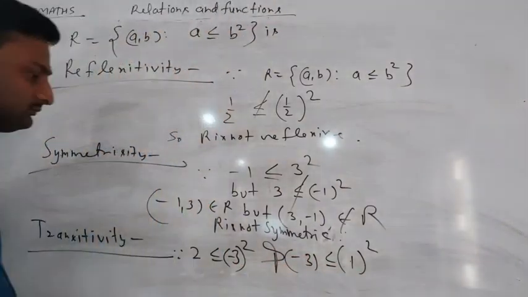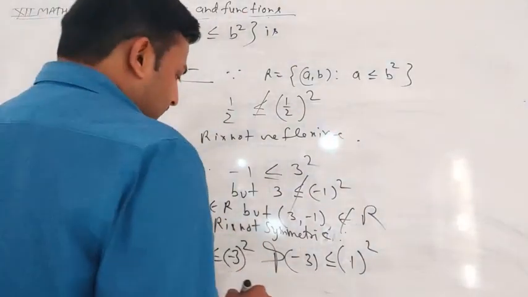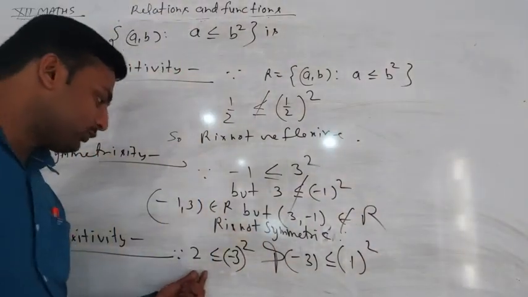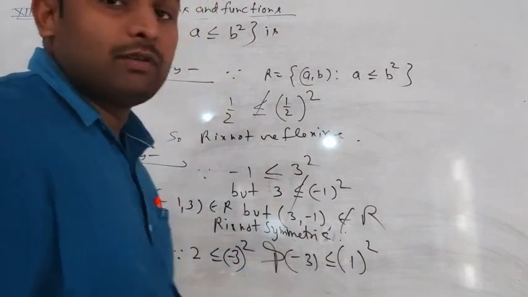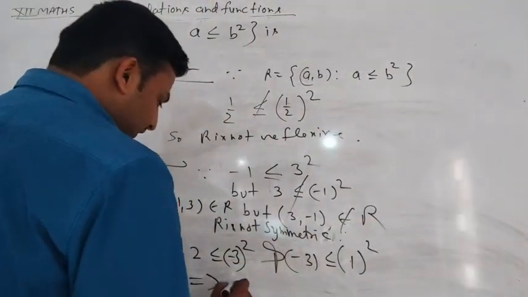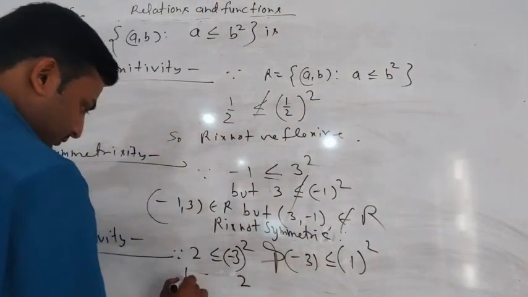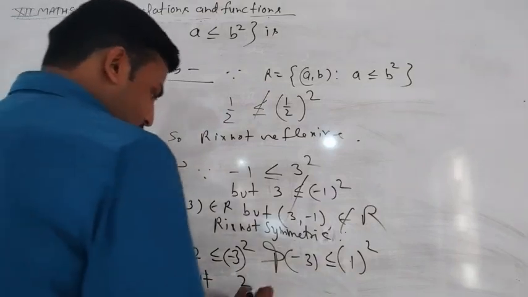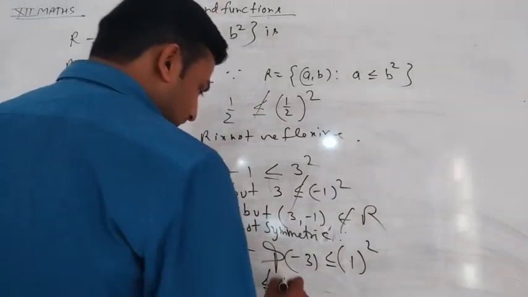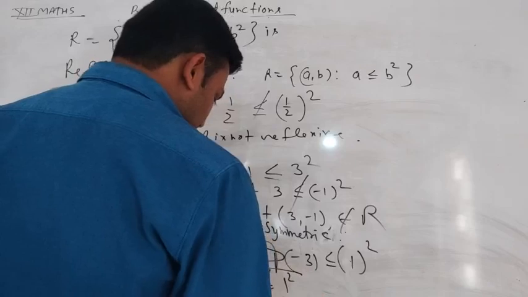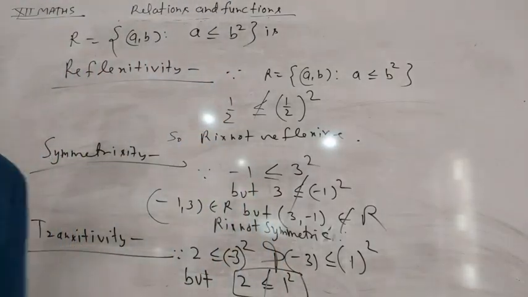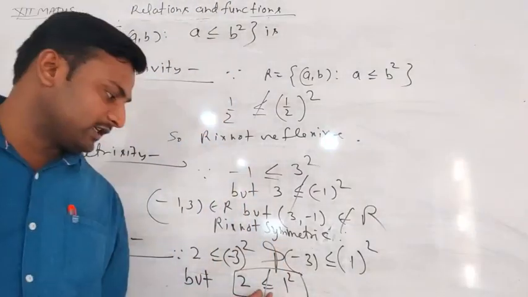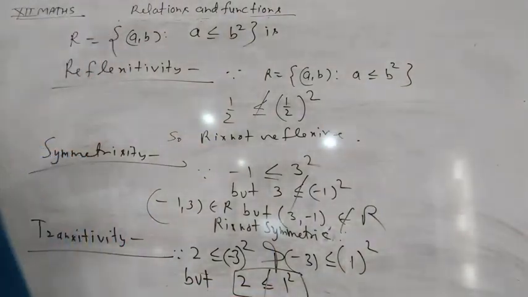Now from the definition of transitivity, 2 must be less than 1 squared, but we are seeing that 2 is not less than 1 squared, because 2 is greater than 1, and we are getting from here that 2 is not less than 1.